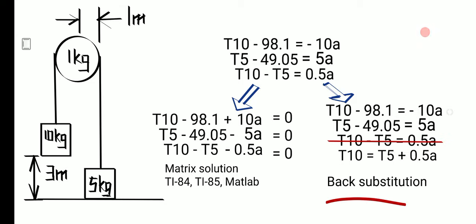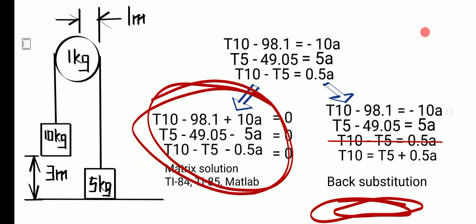Now, the other method is kind of by hand. You do a back substitution and then you solve for all the variables. This is the way most people do it when they're in a class or you have a test and they don't want you to use a calculator. You have to do it by hand. But in the real world, problems are going to be more complicated. You're going to have to use the matrix method.